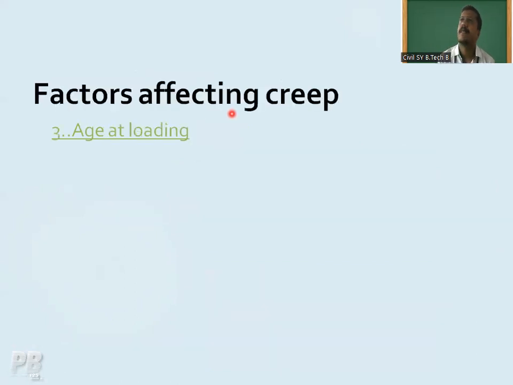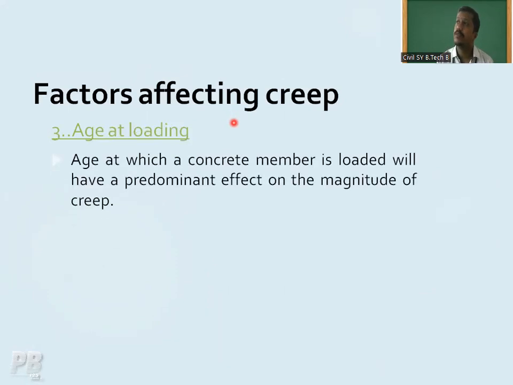Okay. Next factor which is affecting the creep is the age at loading. What is the age of the concrete when the load comes on it? The age at which the concrete member is loaded will have a predominant effect on the magnitude of its creep. So at what time is the load coming on your concrete structure?